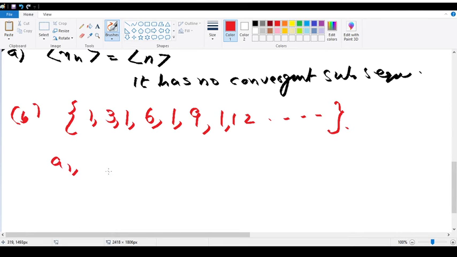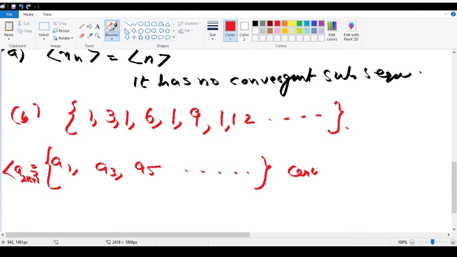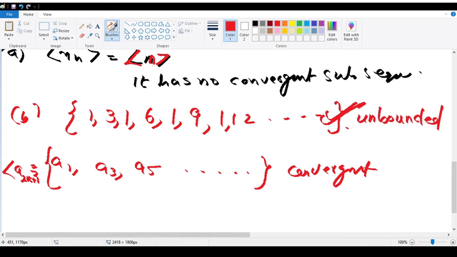You can take a1, a3, a5, etc. This subsequence is convergent, isn't it? This satisfies unbounded. Then option A must be true, right, ma'am? We will be having a convergent subsequence, right, ma'am? Not necessary. Then option A must be true? No, we take xn equal to n. So in this sequence there's no convergent subsequence. So that also false.